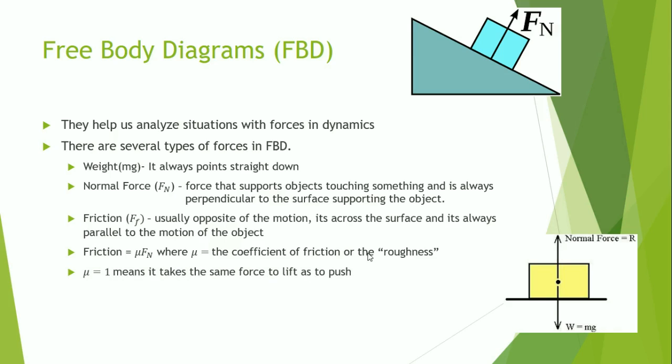If the coefficient of friction is 1, that means it takes the same energy or force to lift it as to push it. This is very rare, but a mu of 1 means it's very, very rough. It's better just to lift the object, or it's the same.